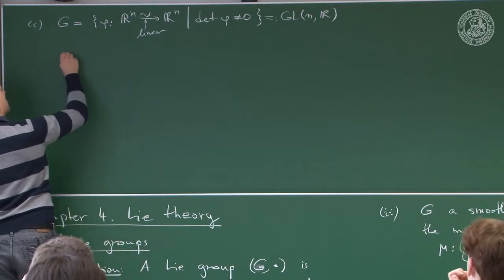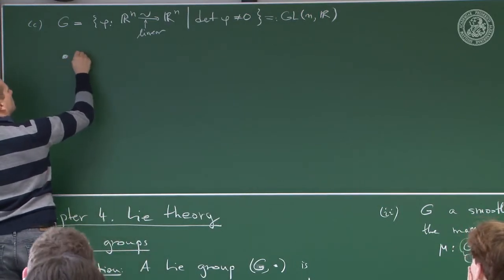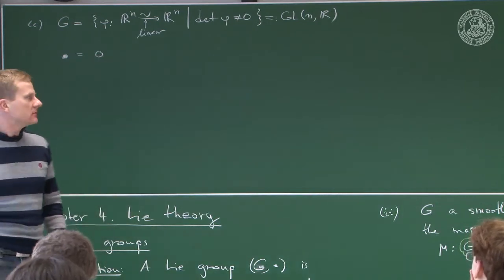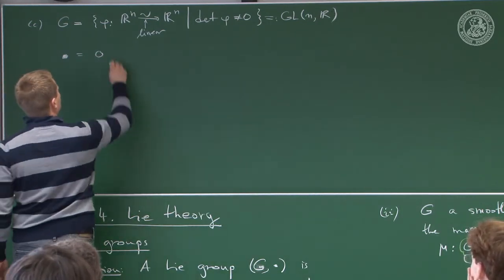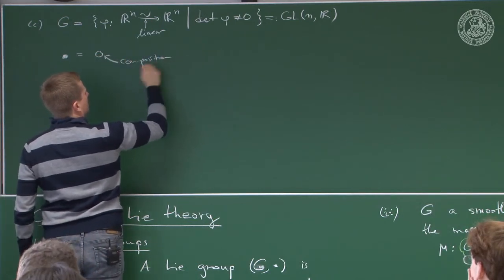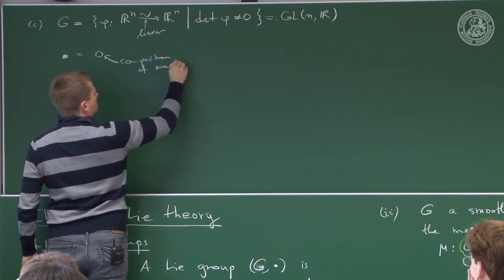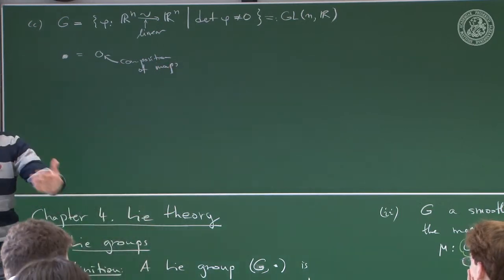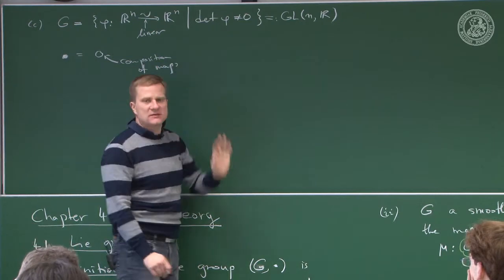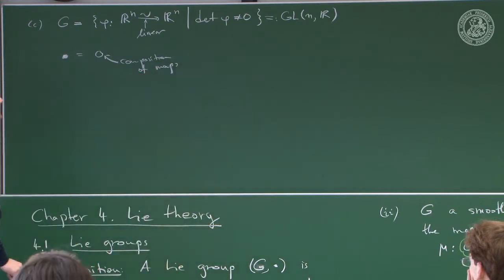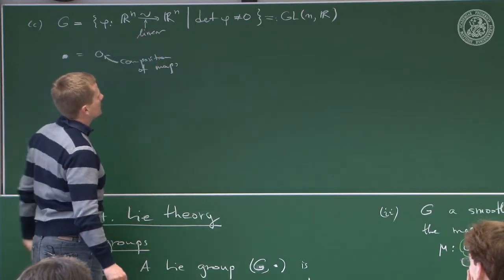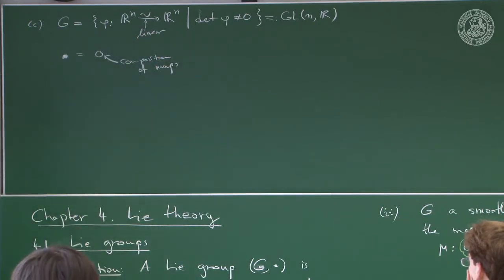And if the blob operation is chosen to be the circ, the composition of maps, then certainly I can compose one map with another one, and because the determinant of the map is non-zero, there always exists an inverse, and the identity map is the identity of the group.